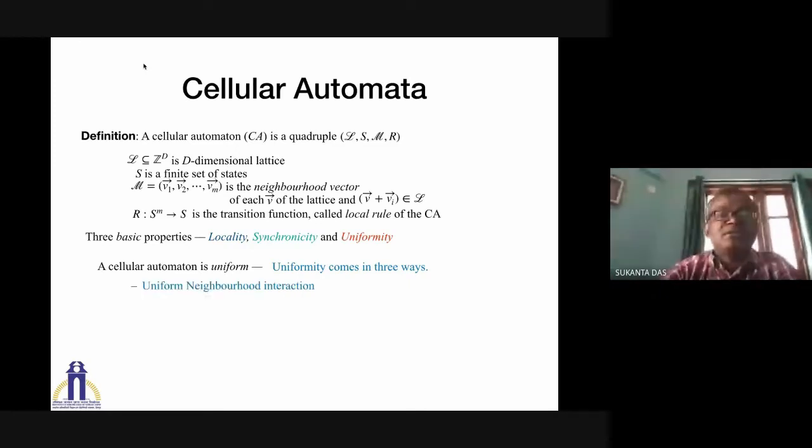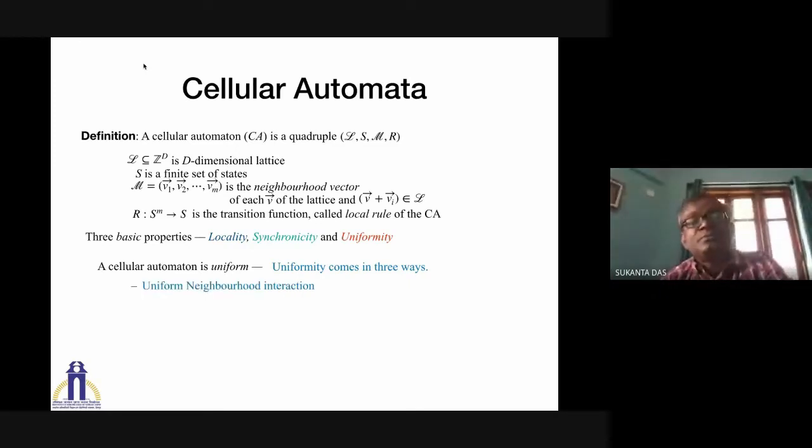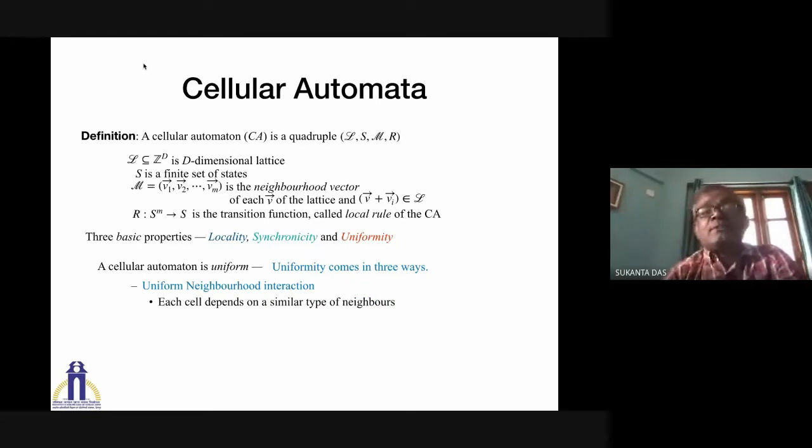Just let us identify. Say uniform neighborhood interaction, which I just now said. Here, each cell depends on a similar type of neighbors. In the example which I have given just now, each cell depends on its left neighbor as well as right neighbor and self, right? So neighborhood dependency, that is uniform, right?